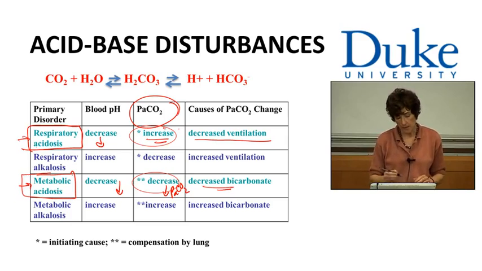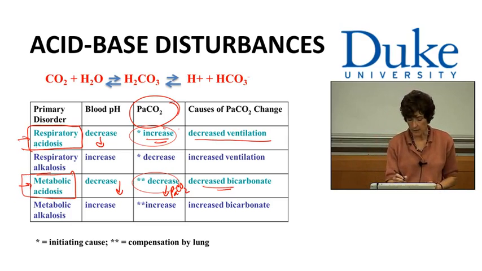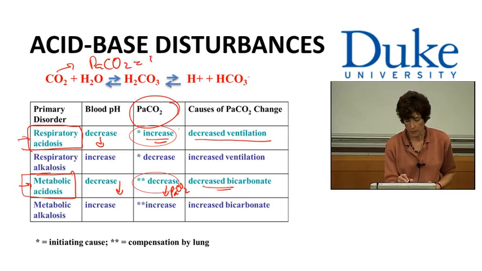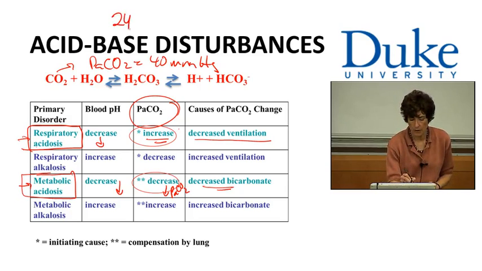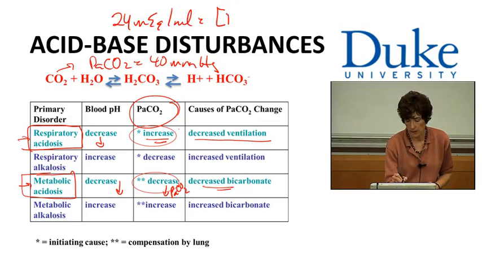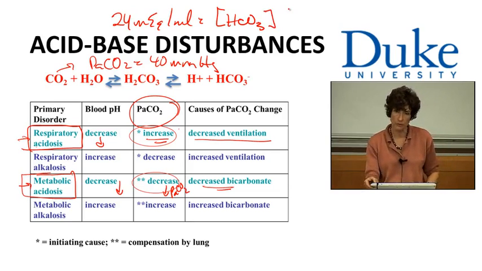The things to remember are the CO2 levels within the arterial system. The PaCO2 is going to be 40 millimeters of mercury, and the amount of bicarbonate will be 24 milliequivalents per liter. That's the concentration of the bicarbonate within the blood under normal conditions.